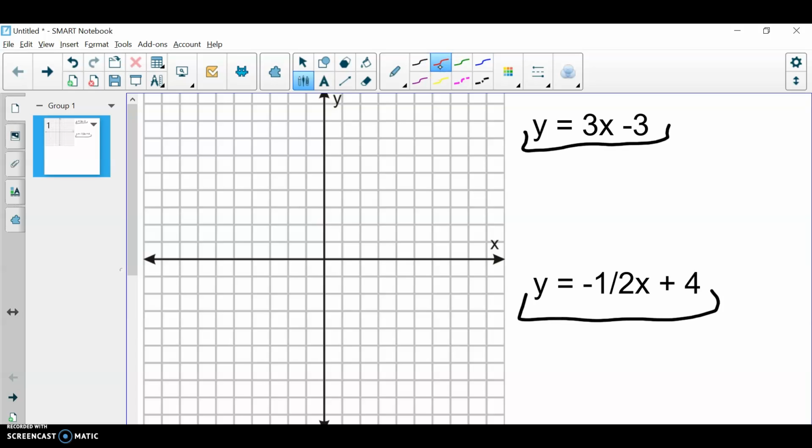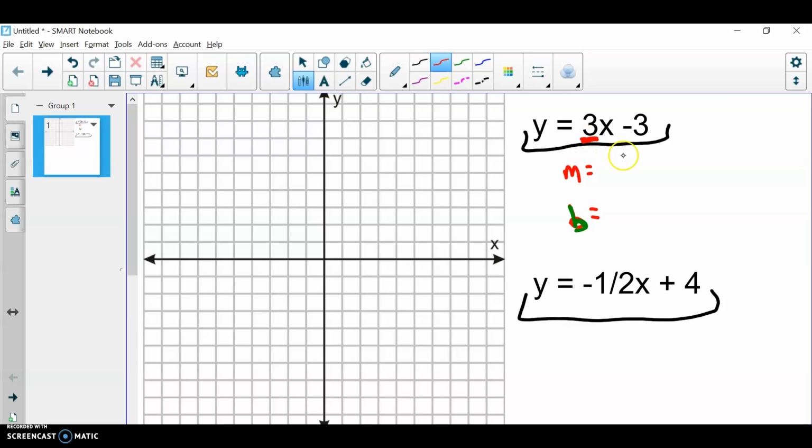Now, if you remember correctly, there are two parts from this equation that we can pull out. We can pull out the m, which is the slope, and the b, which is the y-intercept. Remember that the slope is the number that is to the left of the x.